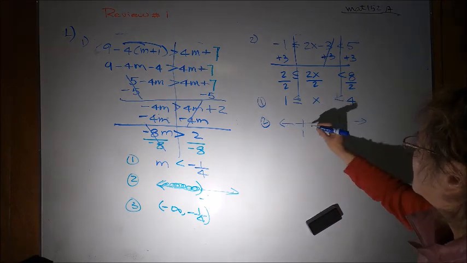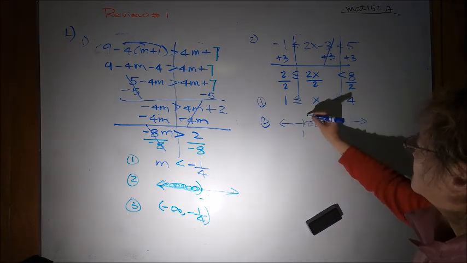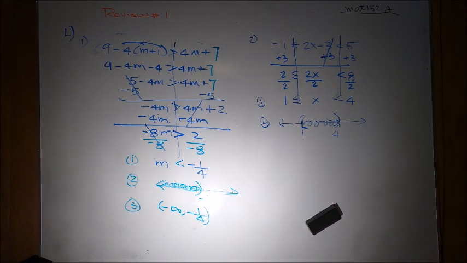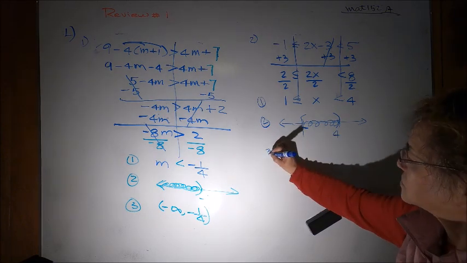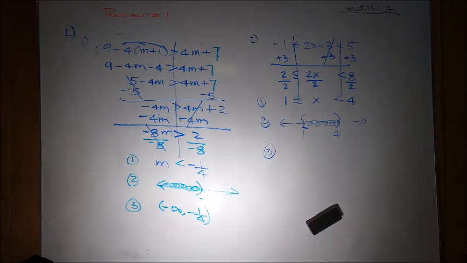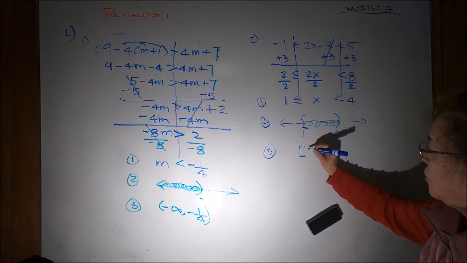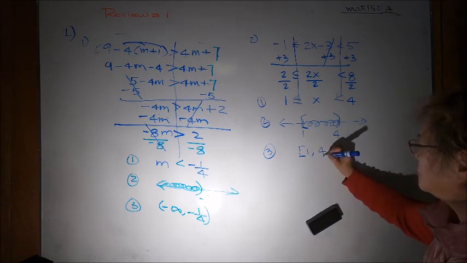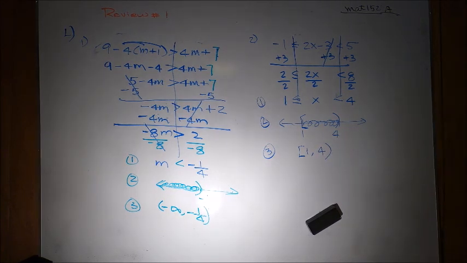So 1 and 4, they are in the middle. This one inclusive, this one parentheses. Also, we show it with what? Interval notation. That would be your 1 with bracket and the 4 with parentheses.